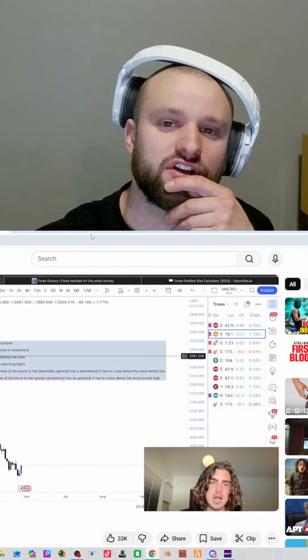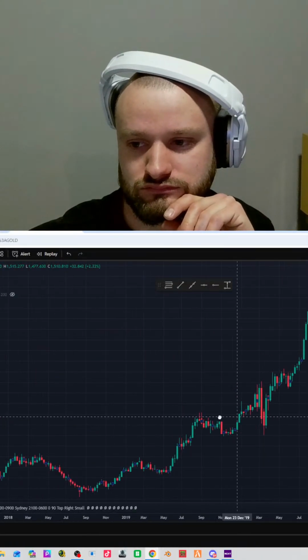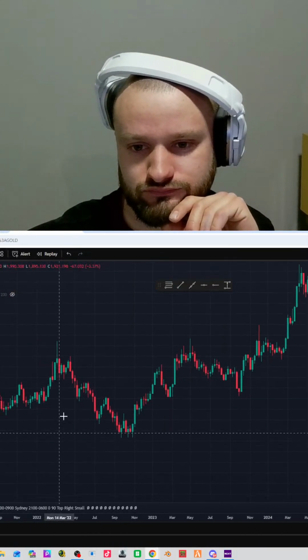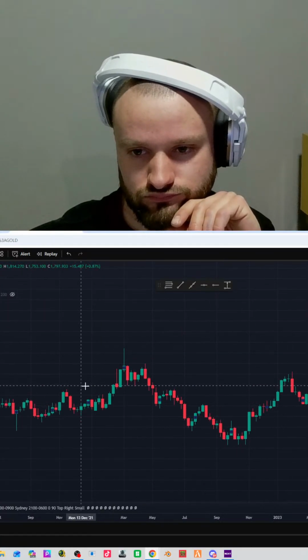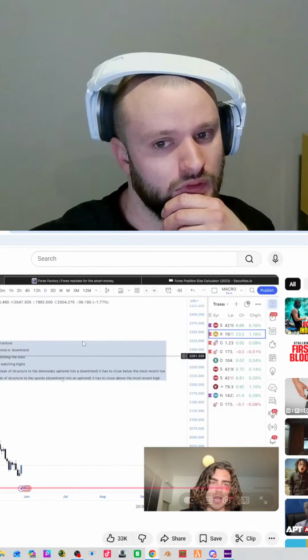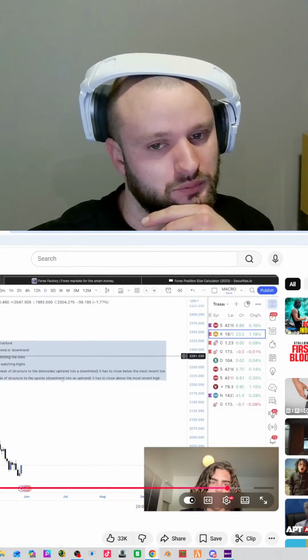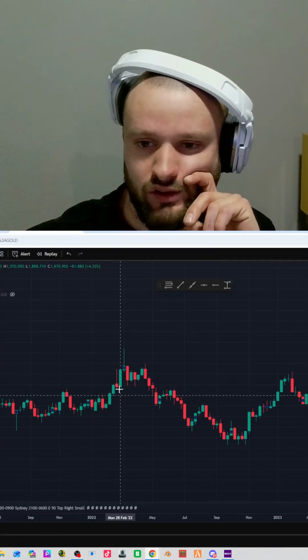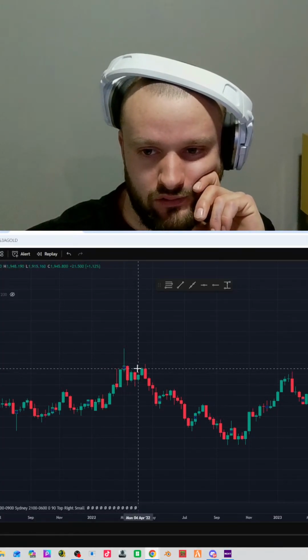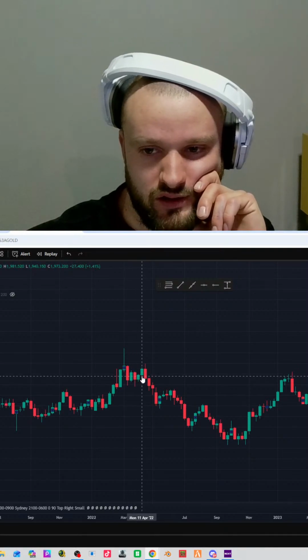Okay, let's find the trend. Here's a downtrend. If in uptrend, we're watching the lows. If in downtrend, we're watching the highs. Okay, high, low, high, low and high.